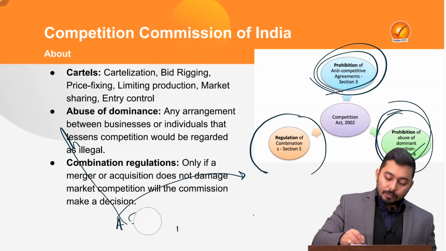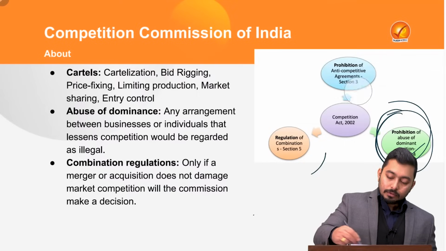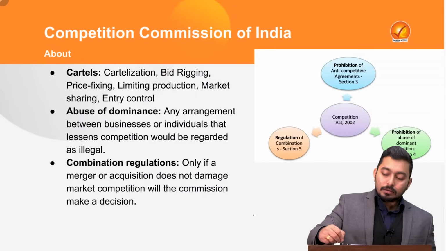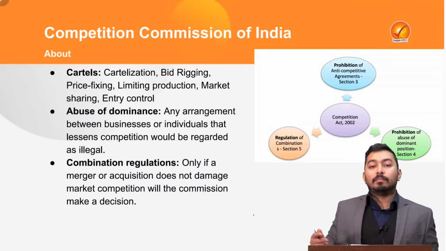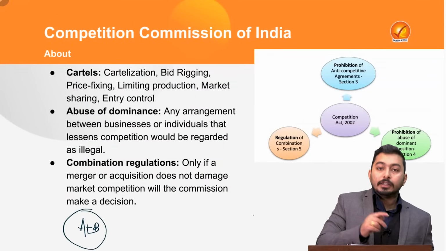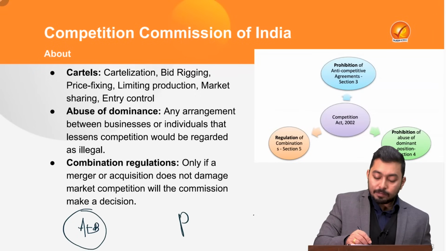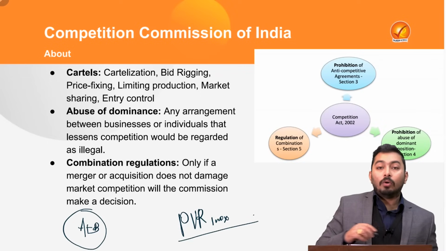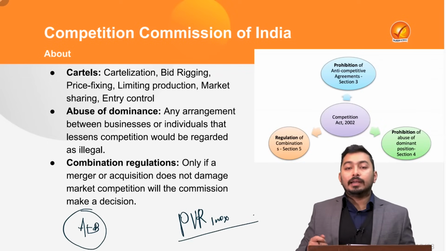Another term is amalgamation, or I can say merger. What do I mean by merger? I am saying A plus B will become a combined entity. For example, PVR Inox. It is now a combined entity, a single entity.